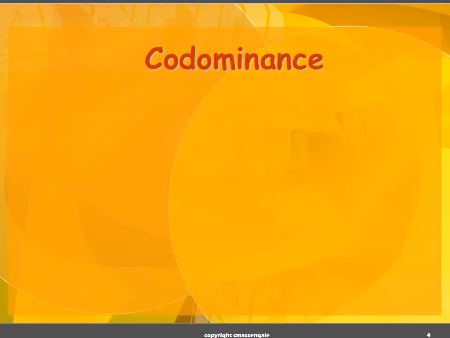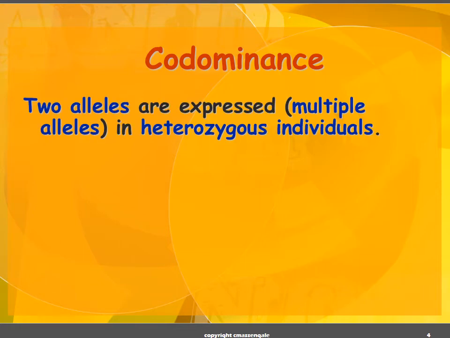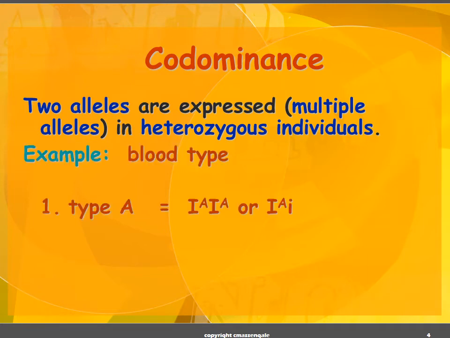Right, now the next important concept which we need to talk about is codominance. Codominance is when we have two alleles which are expressed in heterozygous individuals. So essentially they're being expressed at the same time. A very good example of this is in our blood type, the blood type that we find in humans.